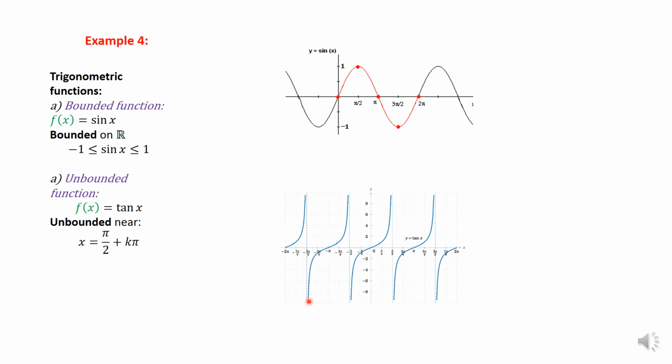So the graph rises towards positive infinity on one side and falls toward negative infinity on the other side. This means that tangent x is unbounded. As we have said, these vertical lines correspond to what we call vertical asymptotes.